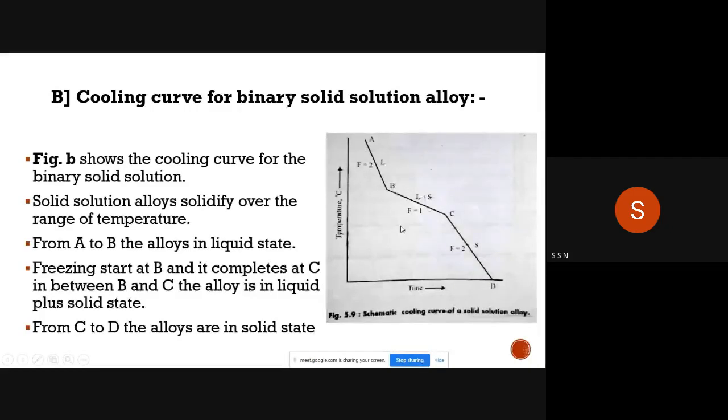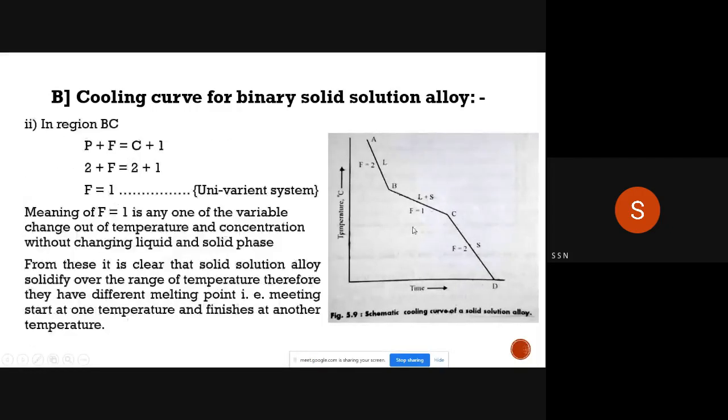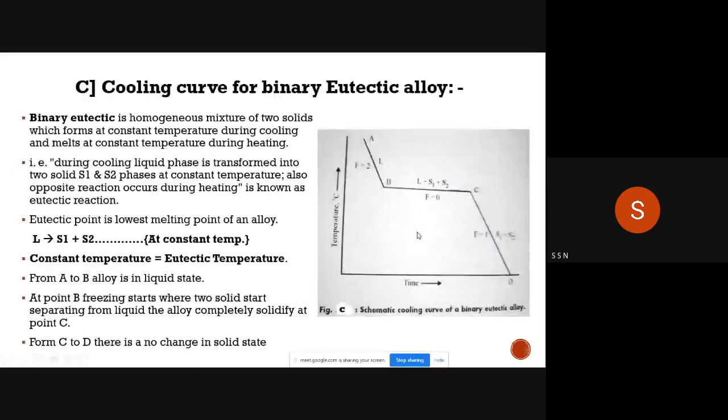Here, two different solid solutions are there, isn't it? In the cooling curve for binary eutectic alloy, here also liquid plus two different solids are possible. That means how many materials are we considering here? So S1, S2, two different metals we are considering.